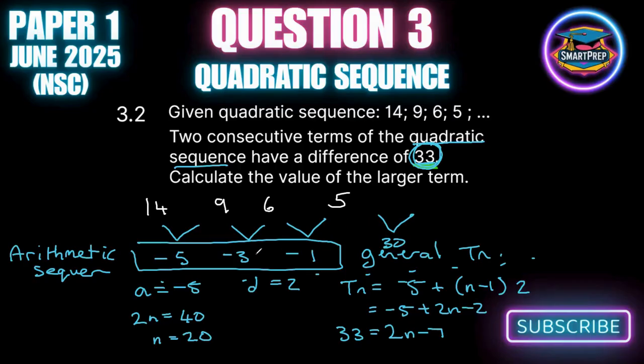Now, what's important to note is, look at this. The -5 corresponds to the 2. So in other words, when our arithmetic sequence T1 refers specifically to the second term, T2, whatever we get in 20, we must then add 1 to it in order to get the next one.